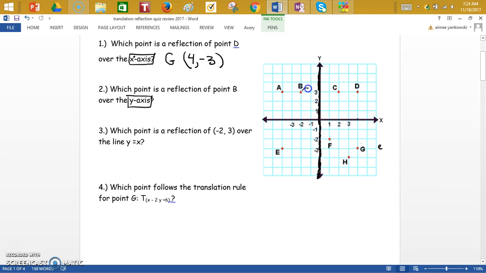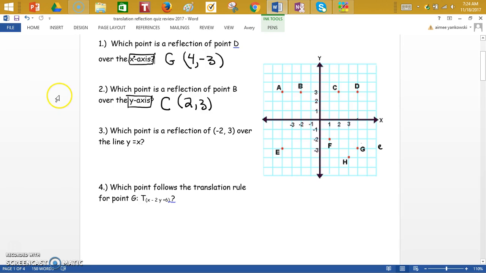So you say, okay, B is 2 to the left of the y-axis. So once I reflect it, it's going to be the point 2 to the right of the y-axis. So that will be point C. Keep in mind, point C is the point 2, 1, 2, 3, 2, 3 in that first quadrant. All right, let's move along.